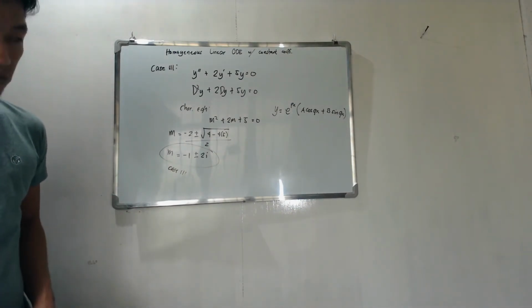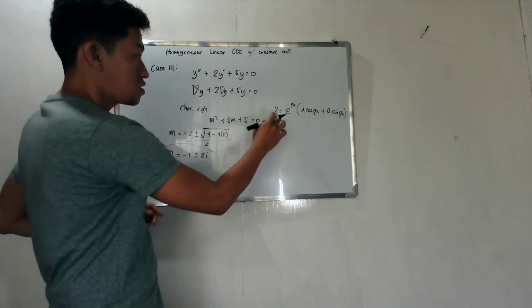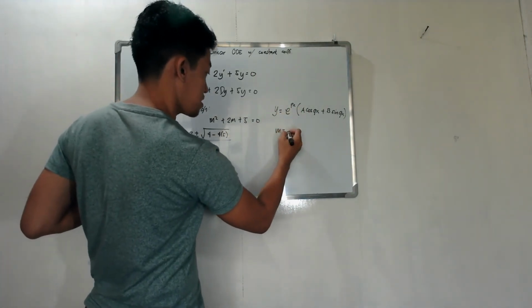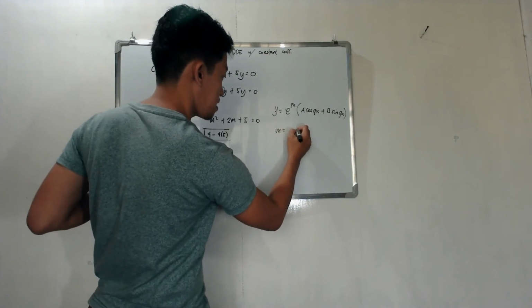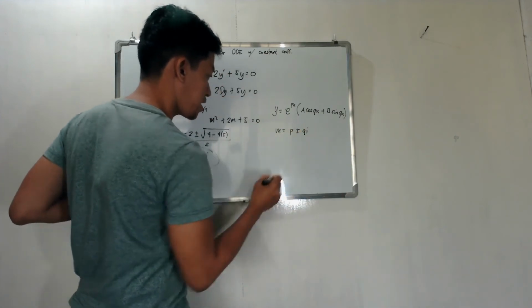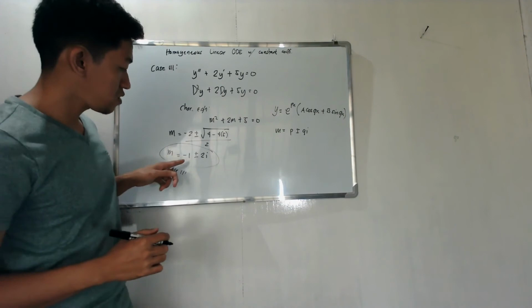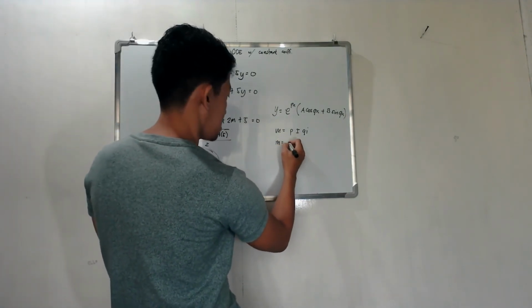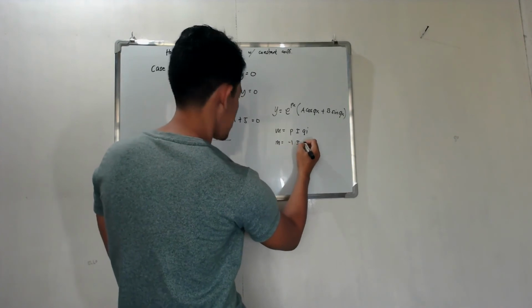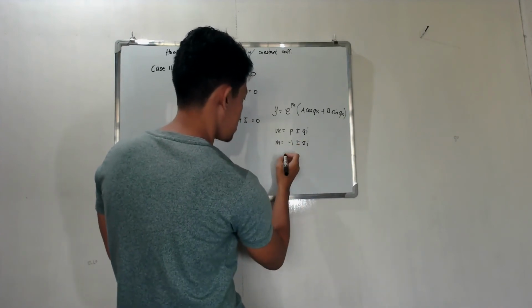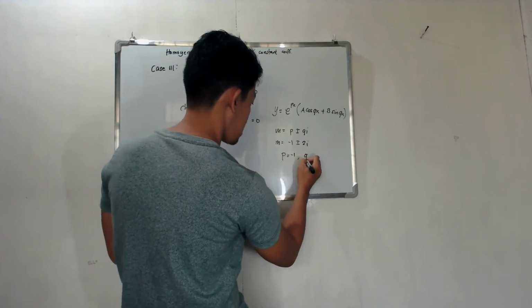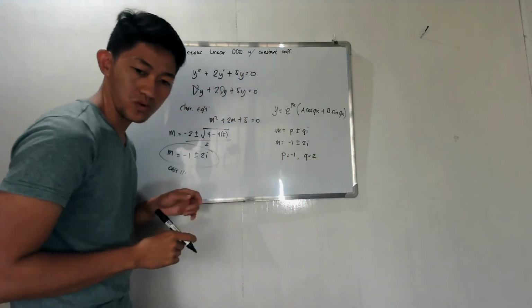So, what are P and Q? P and Q are just from this one, p plus minus qi. So, looking at this one, in this format, m is negative 1 plus minus 2i. So, your p now is negative 1, your q is 2.